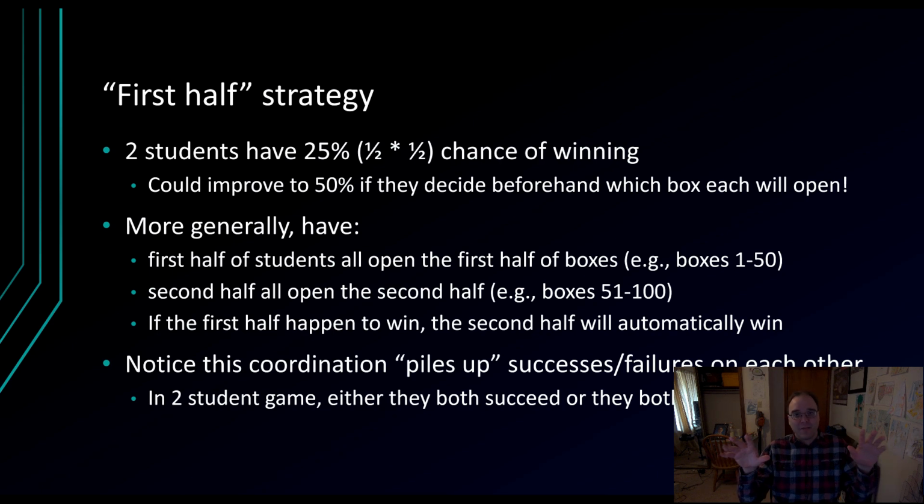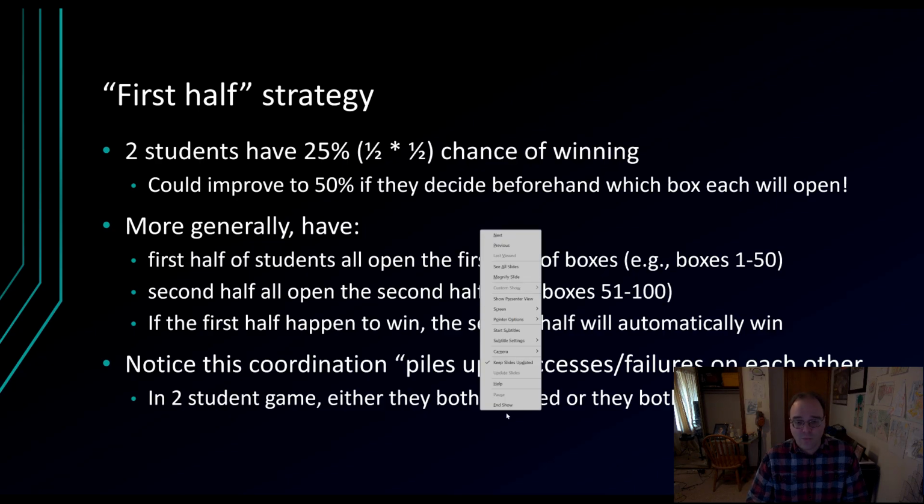We eliminate the possibility where only one student wins and the other fails, so we have a better chance of all the students winning. So that is the plan: have the first half of the students open the first half of the boxes, and the second half open the second half of the boxes.